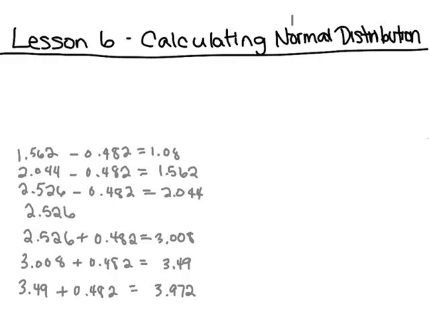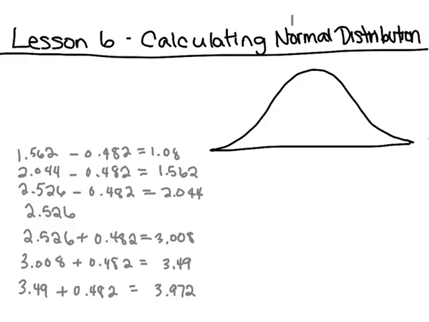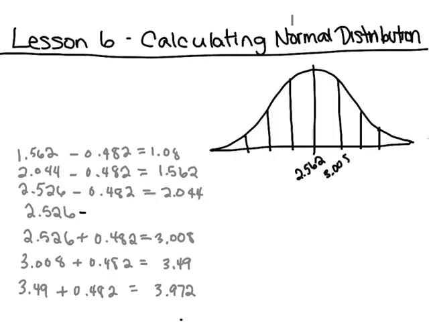The second part of the question, example 2, says use the data above to sketch the normal curve. So we're going to use that data to sketch the curve. So our curve looks like this. It's normally distributed. We know that our mean is 2.526. We have 1, 2, 3 on each side. So we're going to put in all of our intervals. 3.008, 3.49, and 3.972.